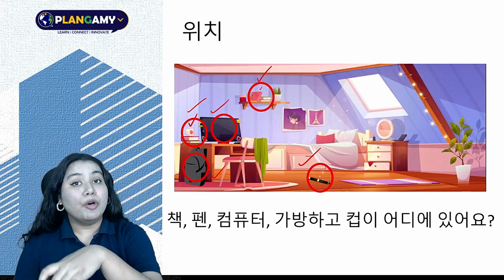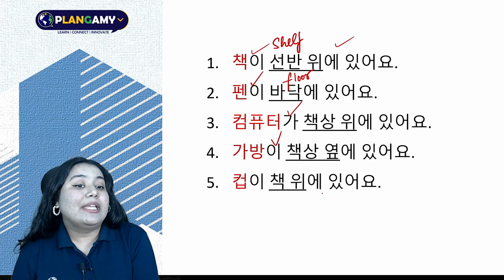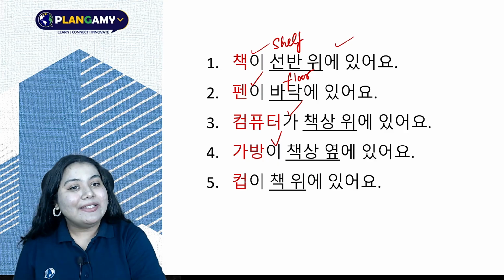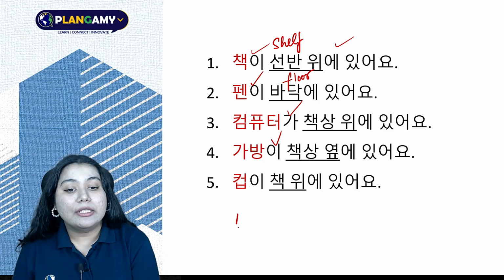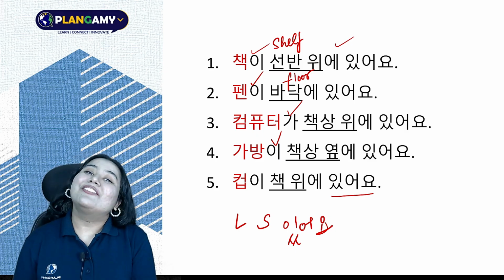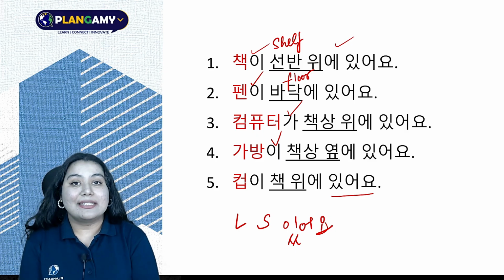It's kept on the book. On the books. I can say 컵이 책 위에 있어요. Cup is on the book. Now for all of these sentences, I could have gone with location, subject and ending 있어요, 없어요 also. Right? That is the beauty of the language, that you can shuffle the words in the sentence.